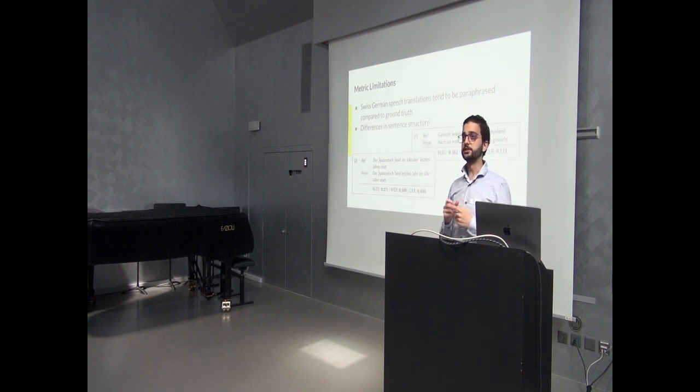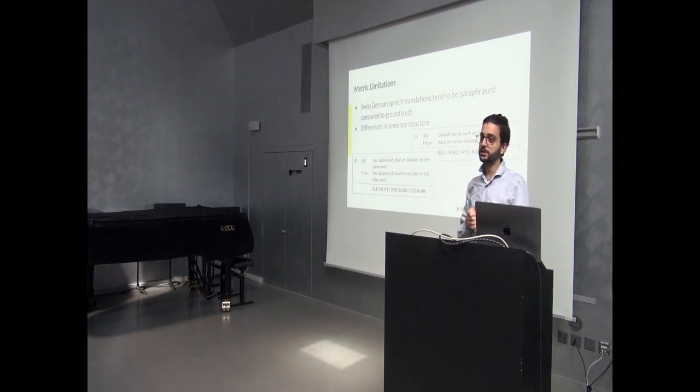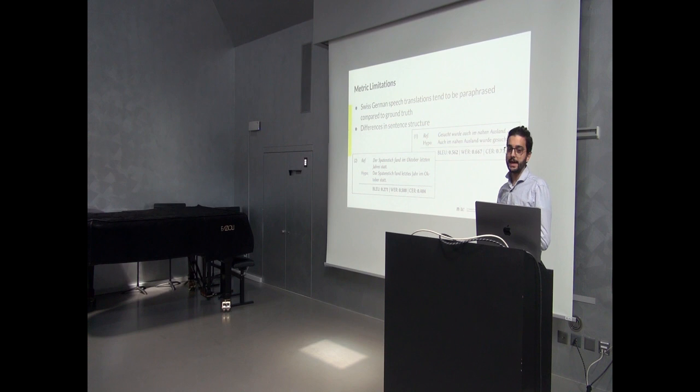So here we see some perfect transcriptions for sentences. We have a reference sentence, for example, "gesucht wurde auch im nahen Ausland", and the hypothesis, the model output of a speech-to-text system, is "auch im nahen Ausland wurde gesucht".